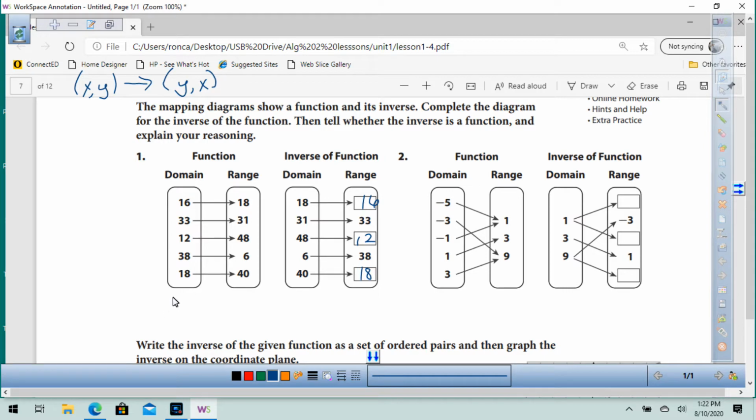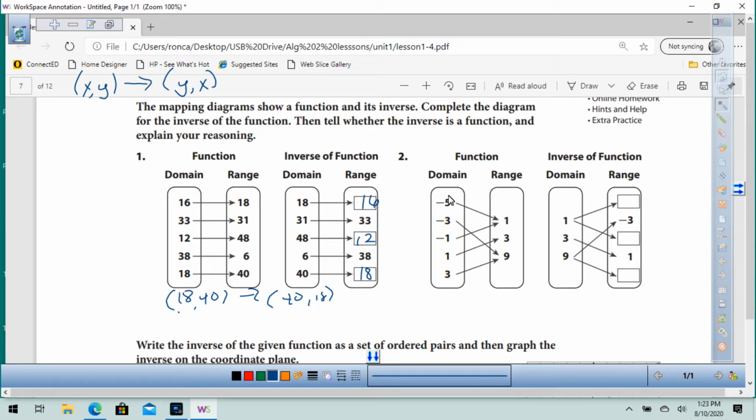Like I showed up here, you have some point 18, 40, that becomes 40, 18, some point.